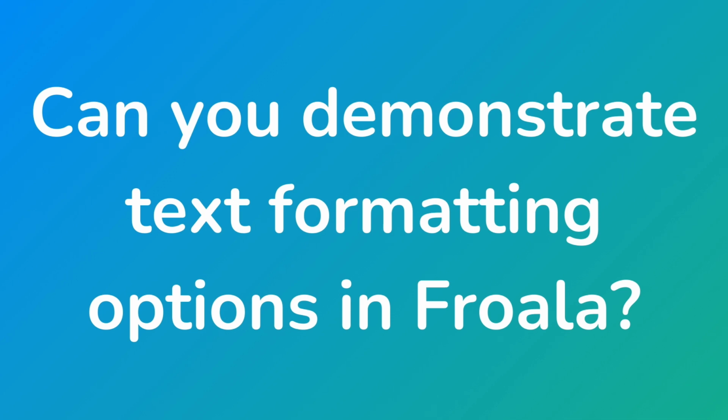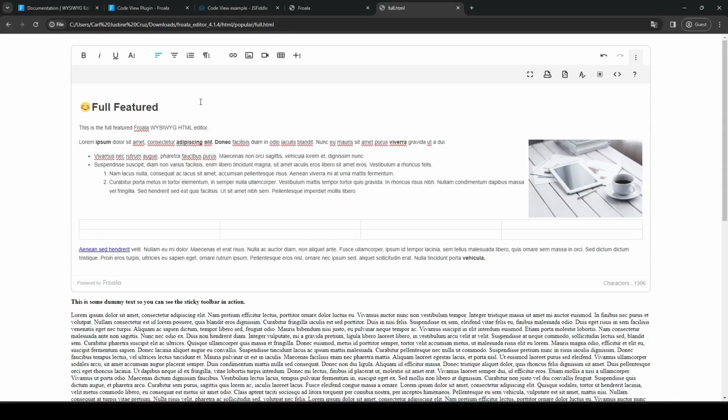So the next question is, can you demonstrate text formatting options in Froala? So this is a bit of a vague question, but I think I can demonstrate what Froala can do. So for example, in this case, I am in the full featured version of Froala. So basically what Froala offers, it's in this editor. You can see this if you downloaded Froala via the zip file, and then just choose full featured.